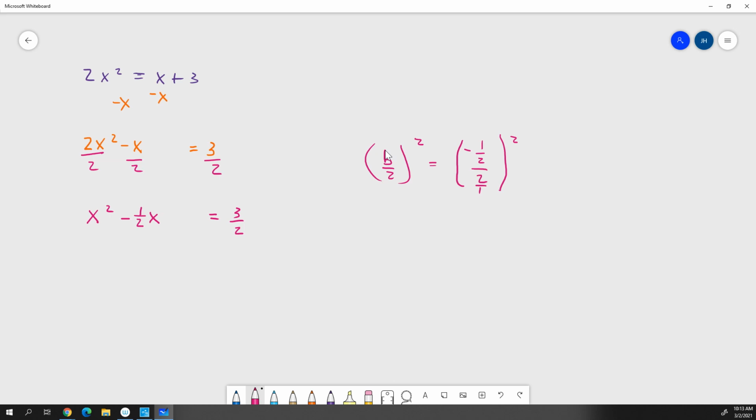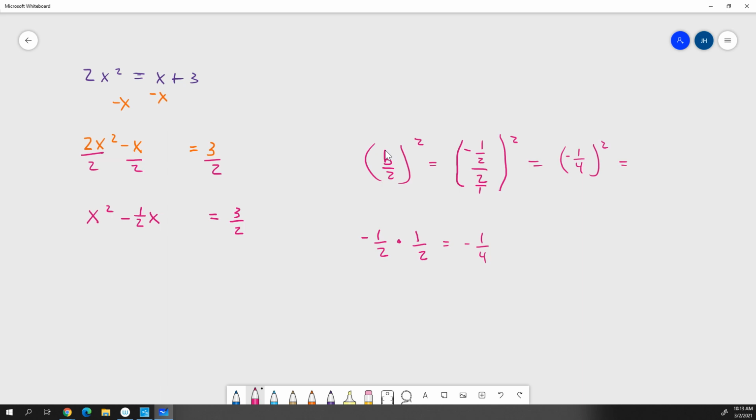Well, it becomes a multiplication problem. So if I have negative 1/2 divided by 2 over 1, I could write it as times the reciprocal of this, which just means we flip over that bottom fraction, right? And we would get negative 1/4, right? So this becomes negative 1/4 squared.